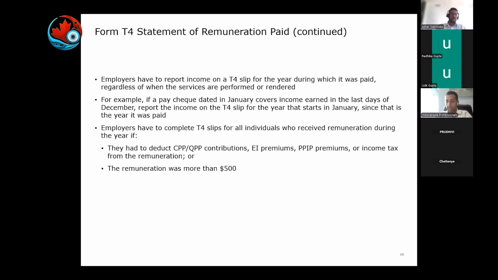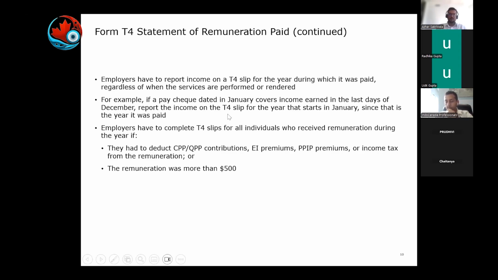So the CRA already has a record of your salary income. If you're filing the return and you make any errors or you miss reporting your salary income from your T4 slip issued by the employer, the CRA would be able to detect the amount of income that you have missed reporting and would update your return by issuing a notice of reassessment and rectify your missed income.